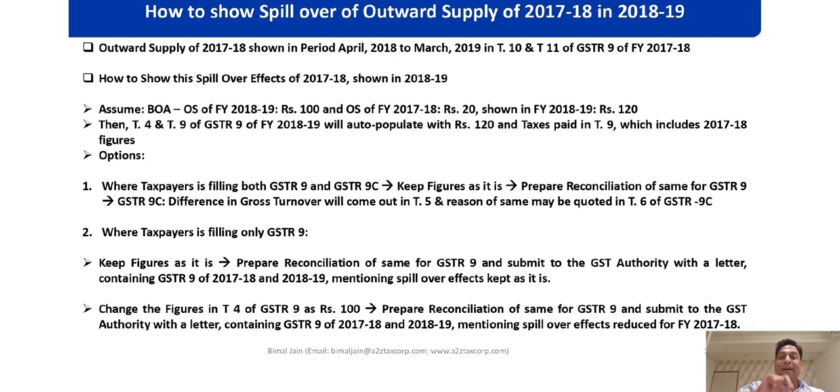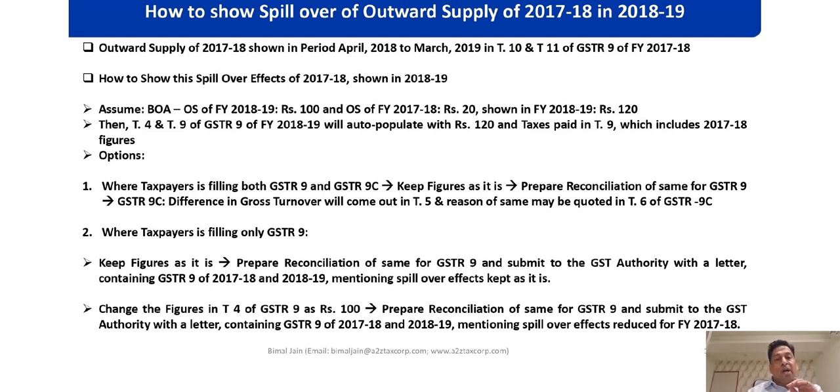Rule 80 sub-rule 3 of CGST rules got amended. GST audit, reconciliation statement audited by a practicing chartered accountant or cost accountant is required for 18-19 only when it crosses 5 crore rupees.